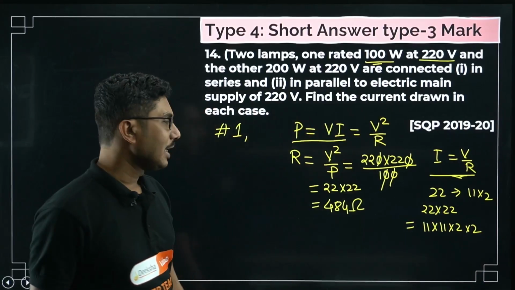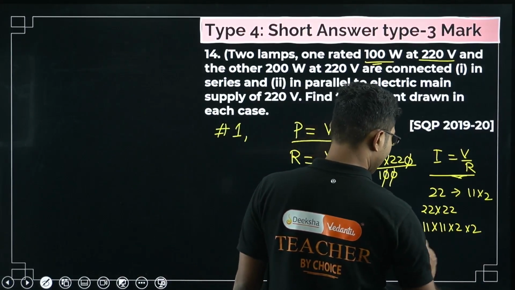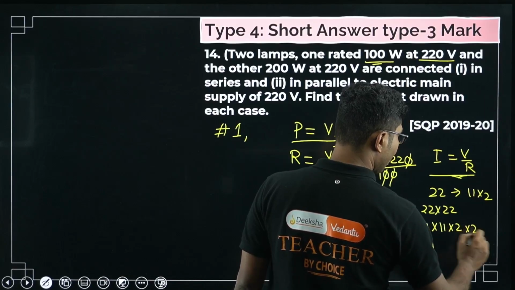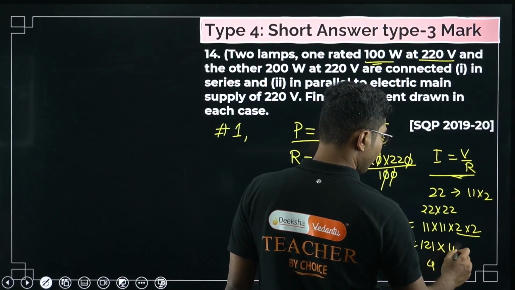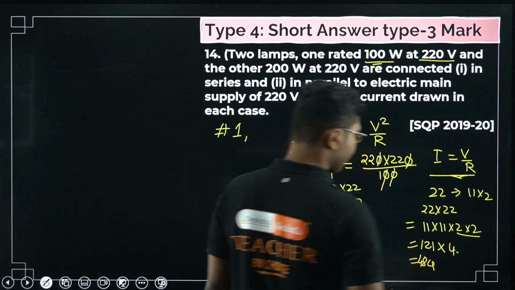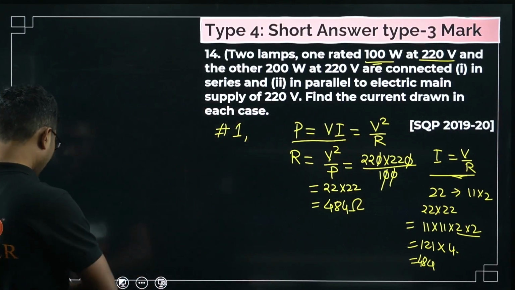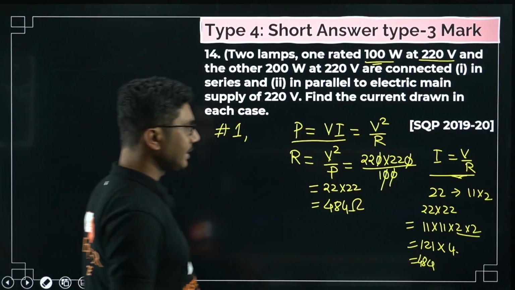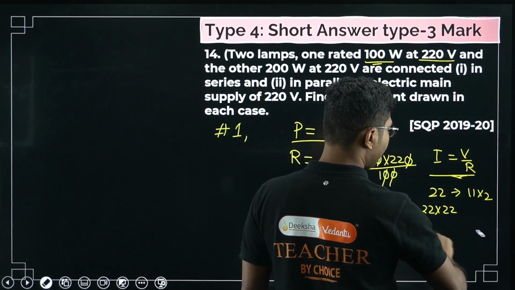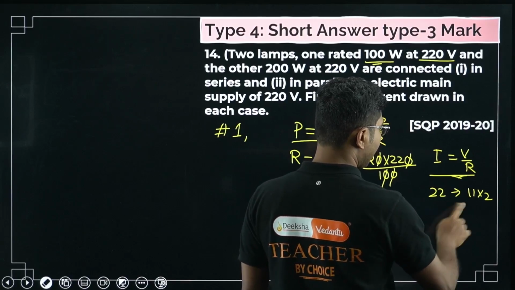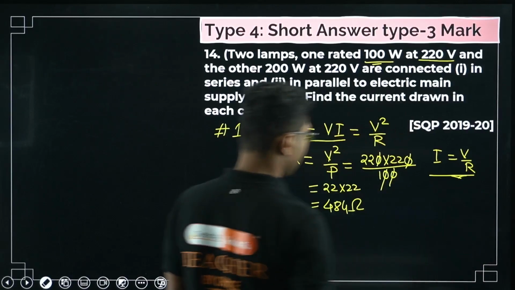Now 11 into 11 is 121, we know that. 2 2s are 4. So now just multiply it. 4 1s are 4, 4 2s are 8, 4 1s are 4. This is a way of solving without using calculators. Solving without a calculator is very handy, and it will help you in the long run.